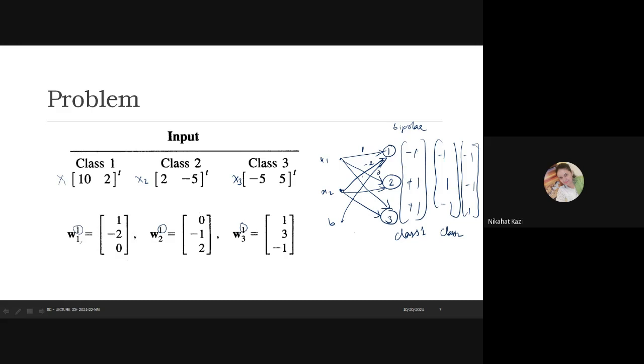Only thing is you have to ensure that the classes are uniquely represented by the vectors. That is what you have to ensure.